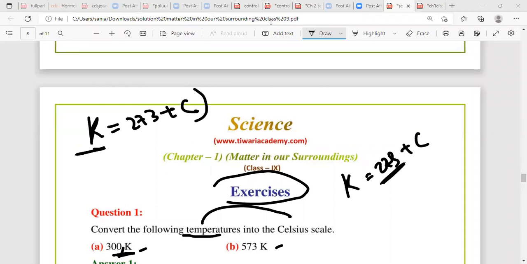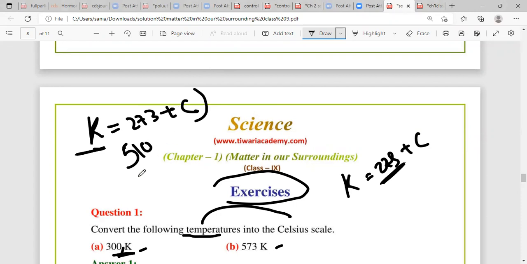First one is 573K. Adil, write in the chat box, you're not audible. 573.